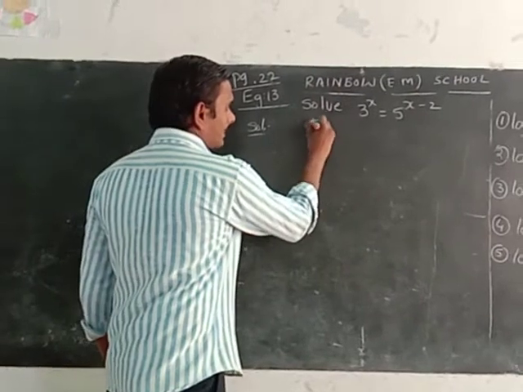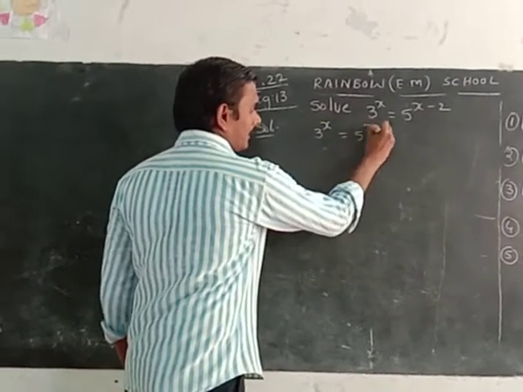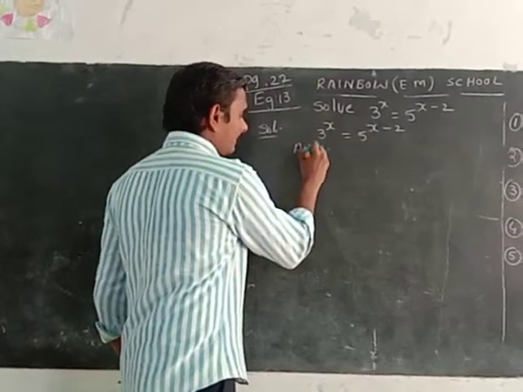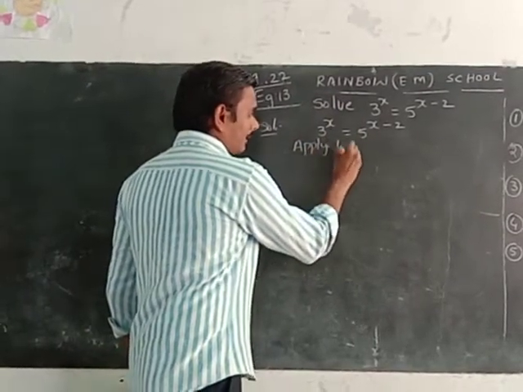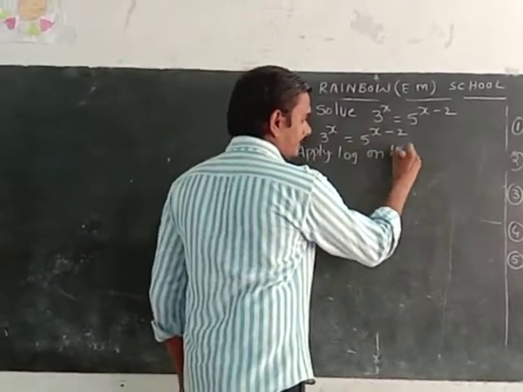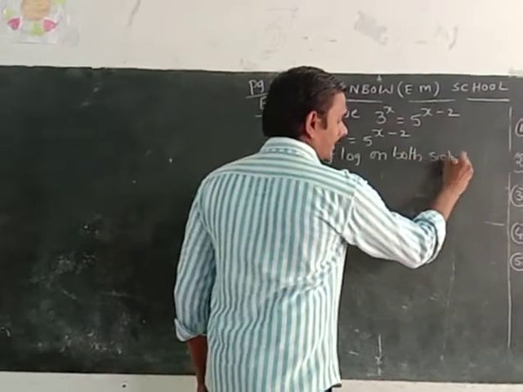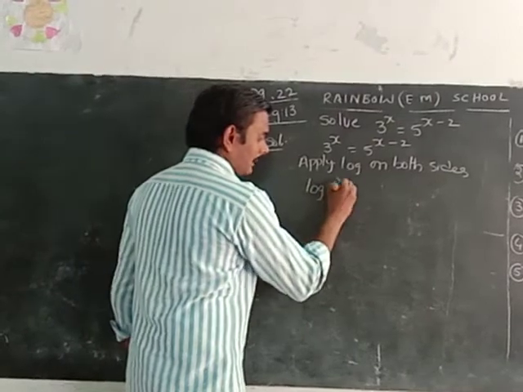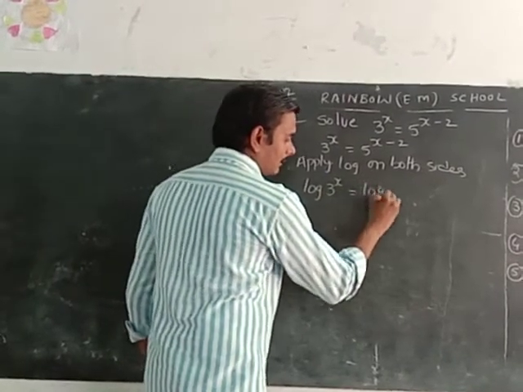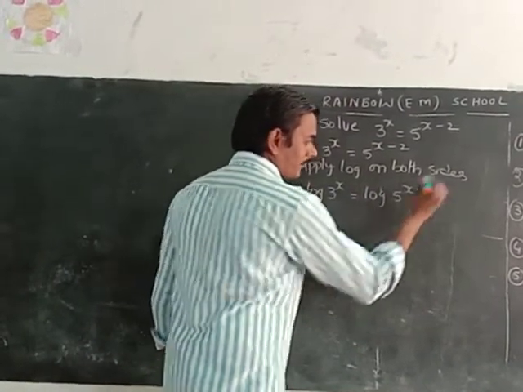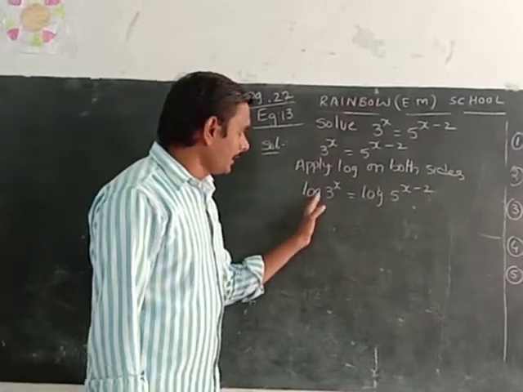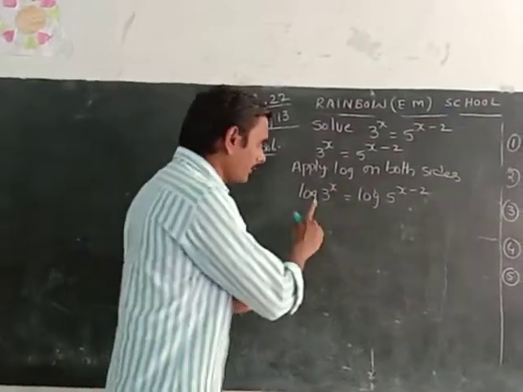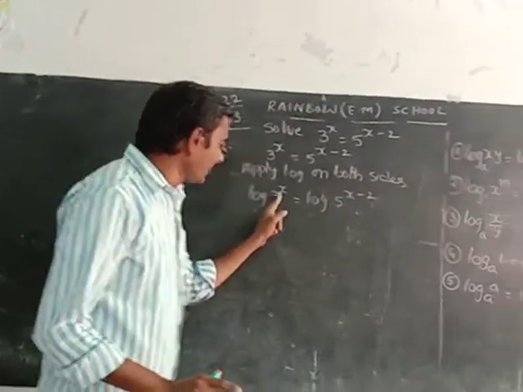3 power x equal to 5 power x minus 2. Apply log on both sides. Log 3 power x equals log 5 power x minus 2. If you observe here, it is in the form of log x power m.